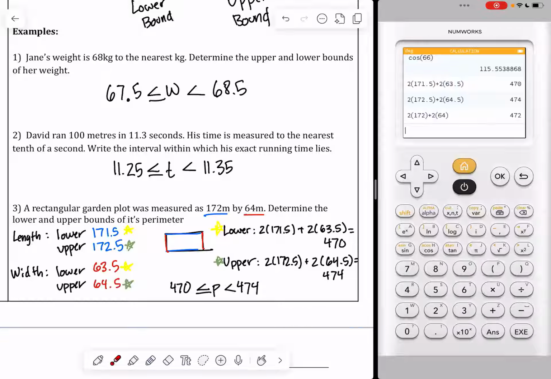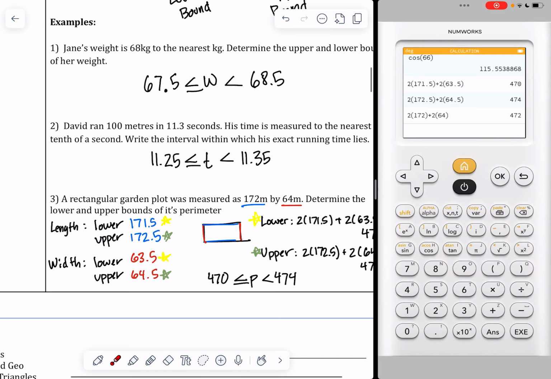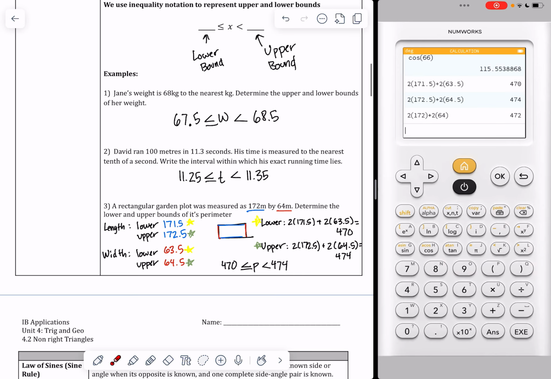But we see in reality the difference, if we had the lowest length and width to the highest, is actually a distance of 4. So if we do the calculations first, it makes it look like our options for a perimeter are more specific than they actually are. The perimeter could range quite a bit if each was the lowest it could be or the highest it could be. So very important that we calculate the bounds before calculations.